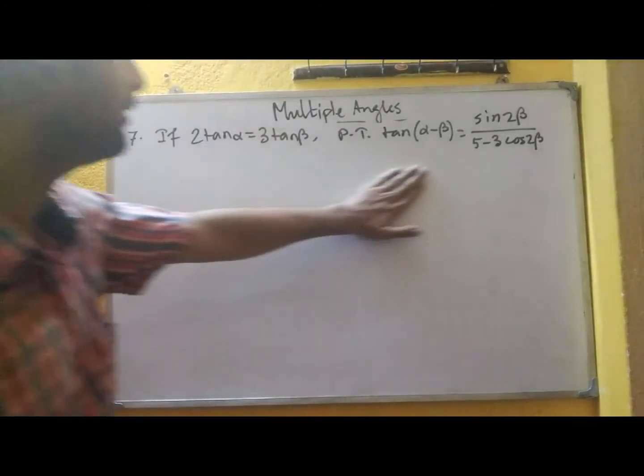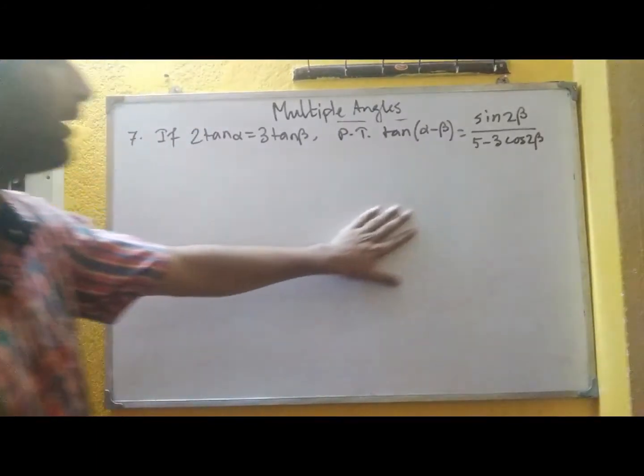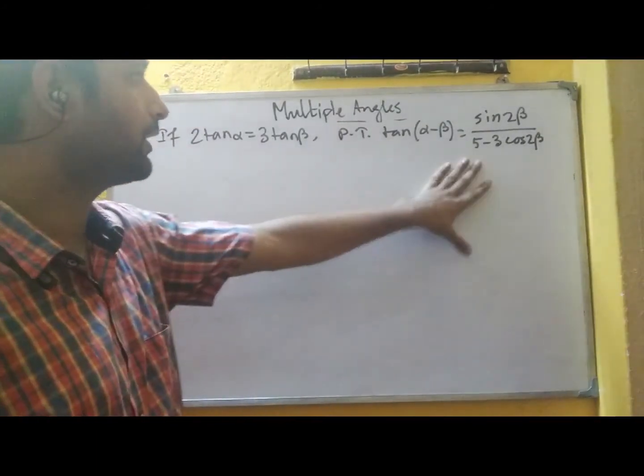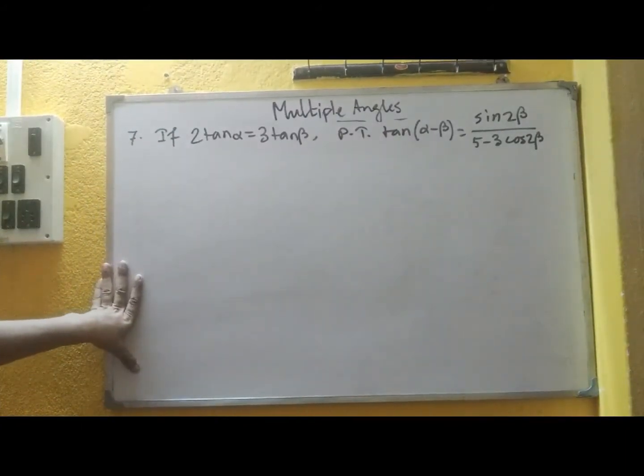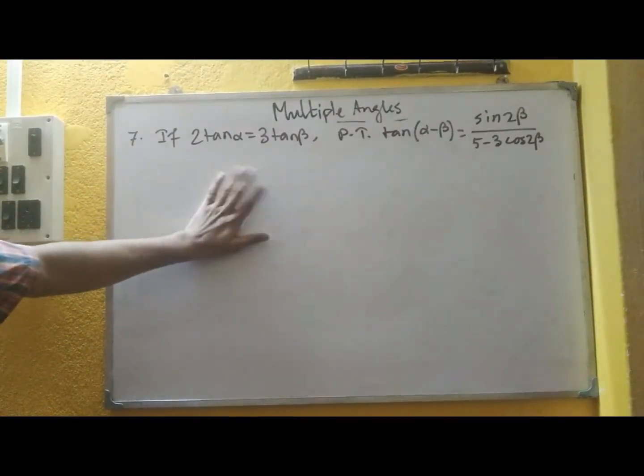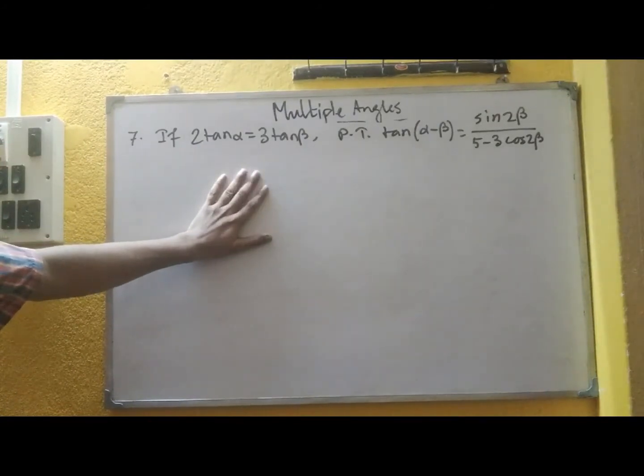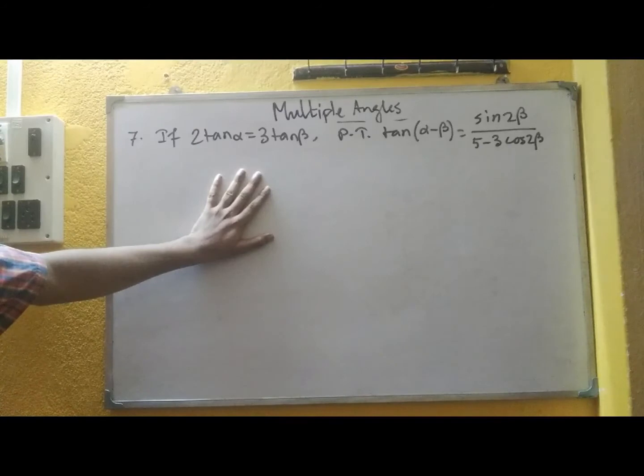See, it's a simple tan alpha minus beta we have to find. We have to prove that this is sin 2 beta by 5 minus 3 cos 2 beta. But see, here it is 2 tan alpha equals 3 tan beta. So from the given condition, we can find the value of tan alpha in terms of tan beta.